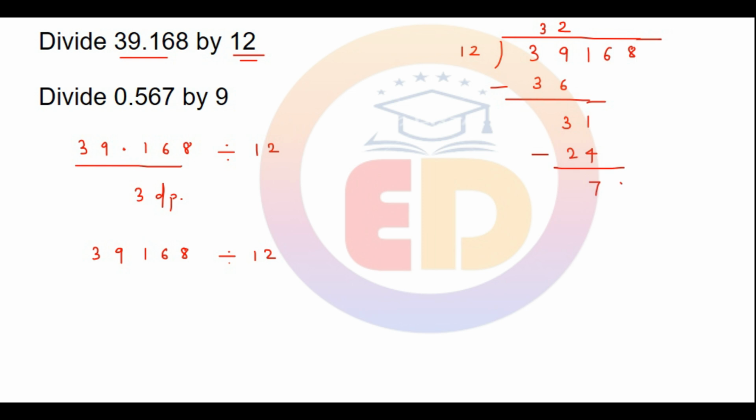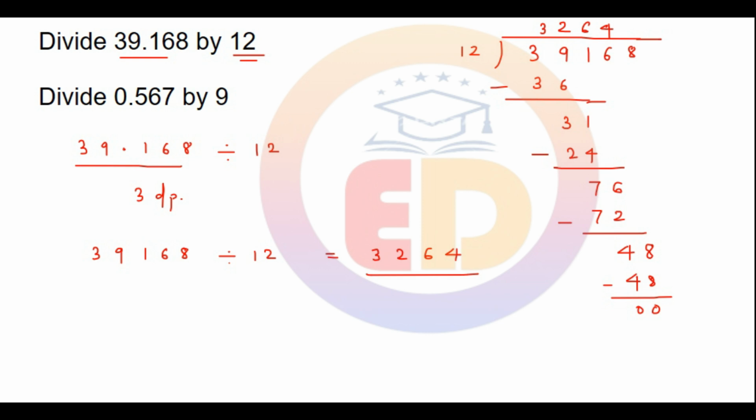Let's take the next number, 6, down. 12 sixes are 72. Subtracting, I'll get 4. Take the next digit, 8, down. 12 fours are 48. Division is complete. My quotient is 3264. But this is not the answer.